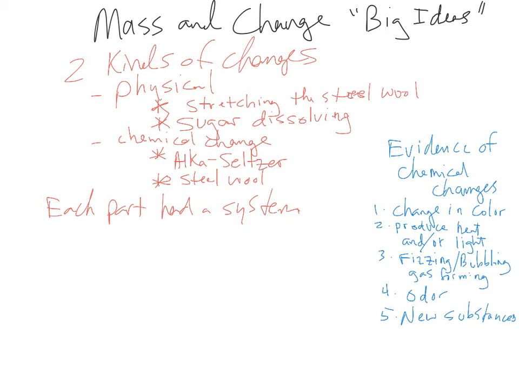And so what is a system? The chemicals and the container. When I talk about a system, then I'm talking about the chemicals themselves and the container. Both of those would make up what I would call a system.